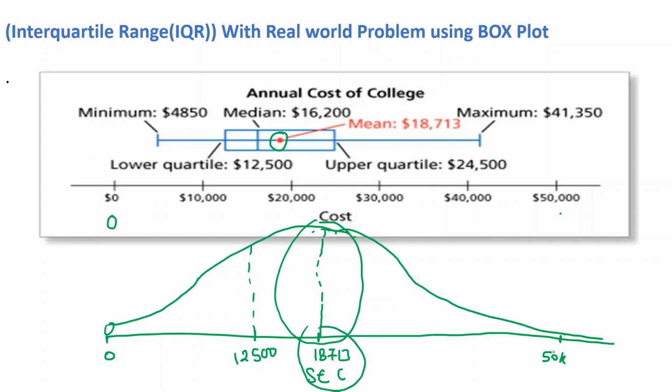But if we talk about the VP or some others, they have a very high salary like $50K or something, and there are some people, like a fresher, who are also in this particular range. So there may be some outliers, like if we draw this particular graph, like this.